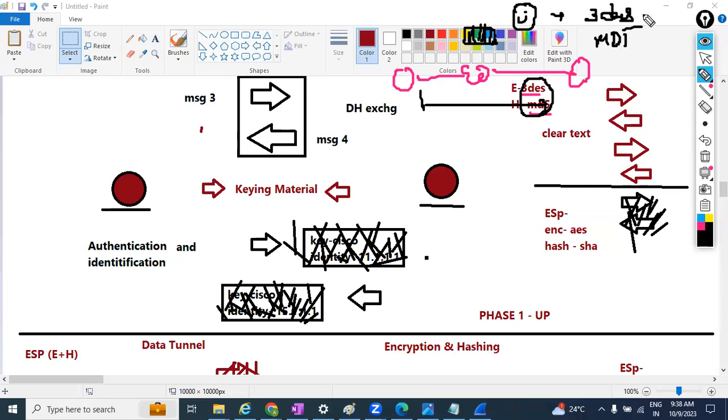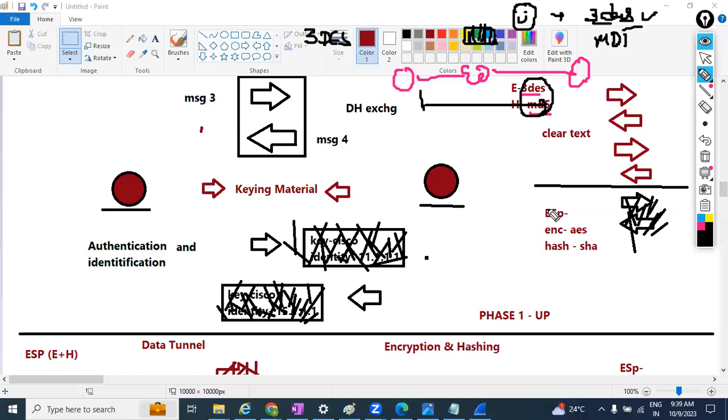I know which algorithm they are using, 3DES, because in phase 1 we encrypted the message with 3DES. But I could not decrypt it, because I do not have the keying material, which they have exchanged successfully. That is the combination of public, private, and all that we have discussed mathematically. Along with that, we have seen the color options: if you merge 2 colors, it's not possible for anyone to separate them again, right? So same thing. This is fine.